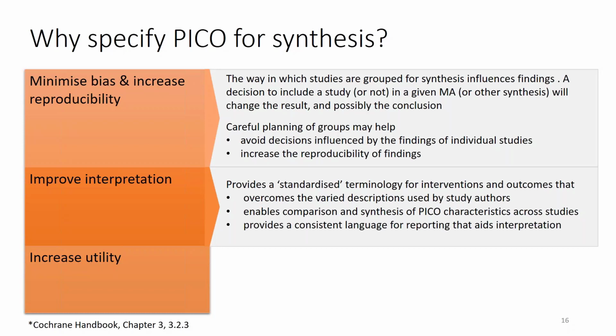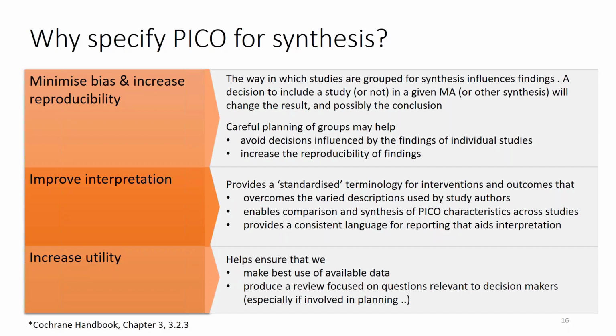And it provides a consistent language for reporting that aids interpretation. And finally, specifying our PICO for synthesis may help ensure that we make best use of available data and that we produce a review focused on questions relevant to decision makers. And that's especially the case if those decision makers are involved at the planning stage of the review.